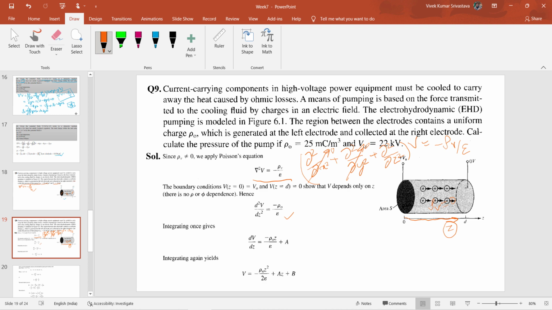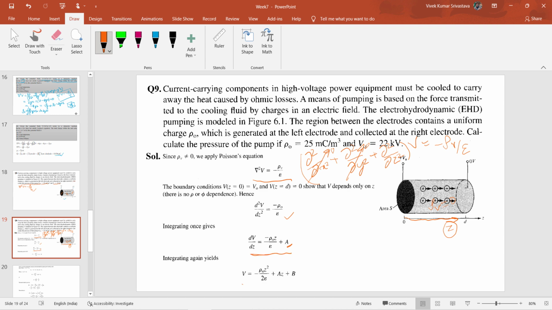Okay, so we will first integrate this with respect to z. So the first derivative of V is defined as minus rho naught z by epsilon naught plus a, where a is a constant. Okay, now we have to find out the value of V, so we will again take integration of this expression with respect to z.